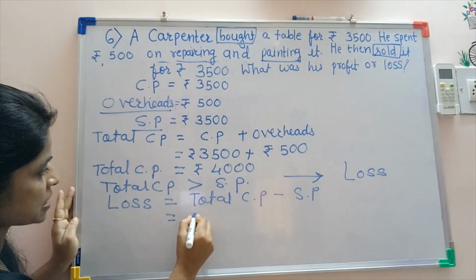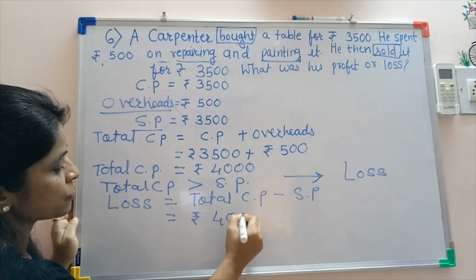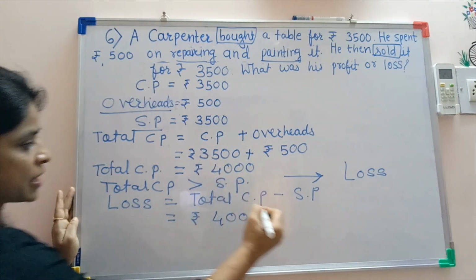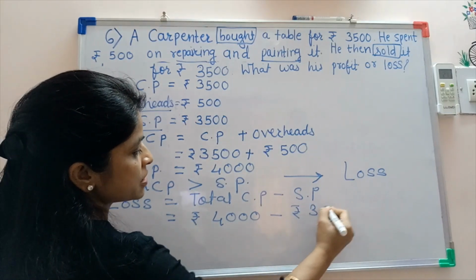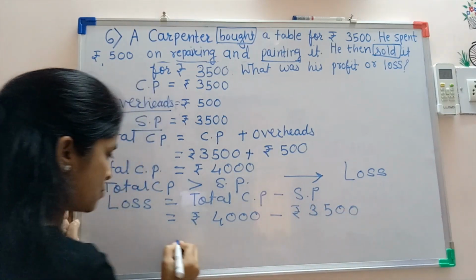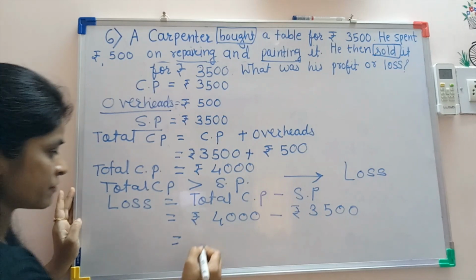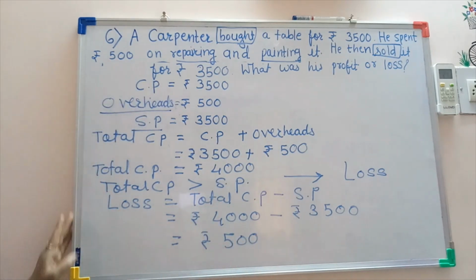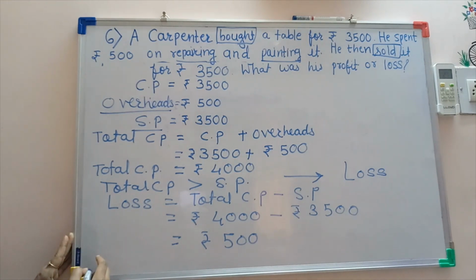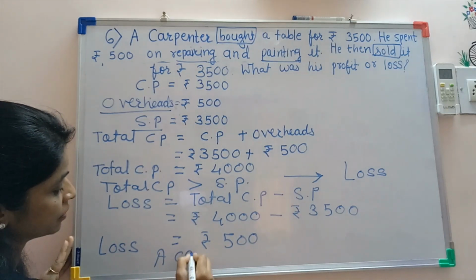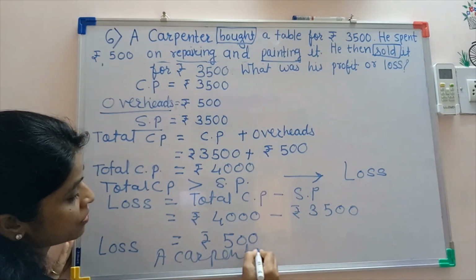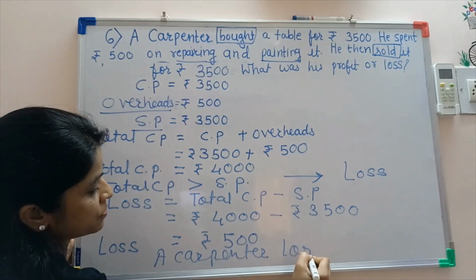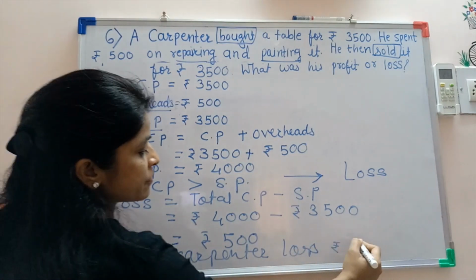Total CP is rupees 4,000 minus selling price rupees 3,500. When we subtract, we get rupees 500. So there will be a loss of rupees 500. So the carpenter has a loss of rupees 500.